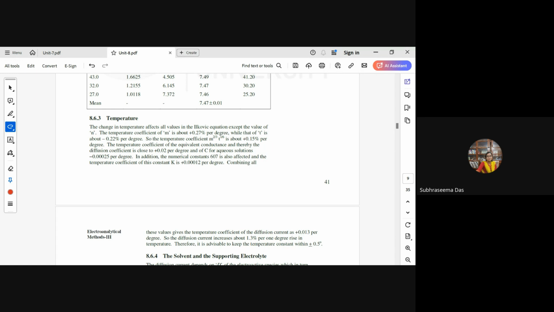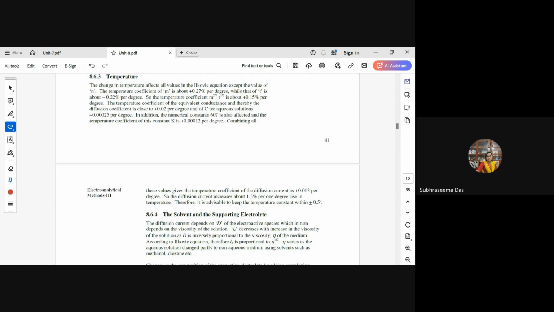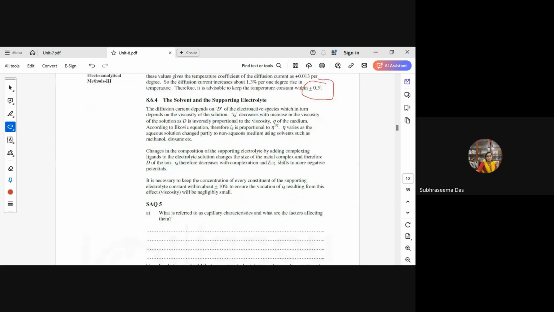So combining all these factors, it is advisable to keep the temperature constant within plus or minus 0.5 degree.